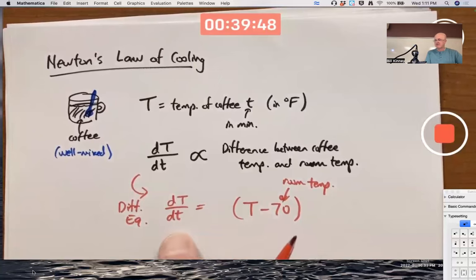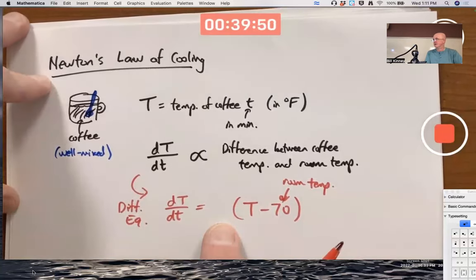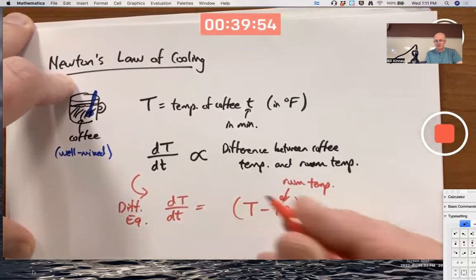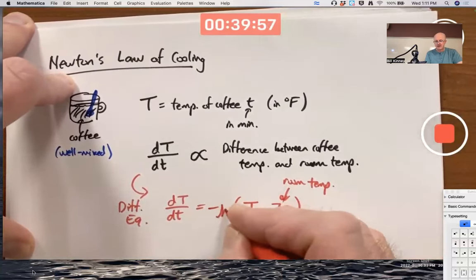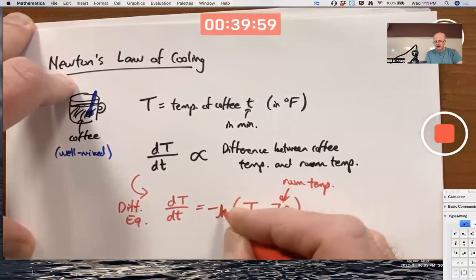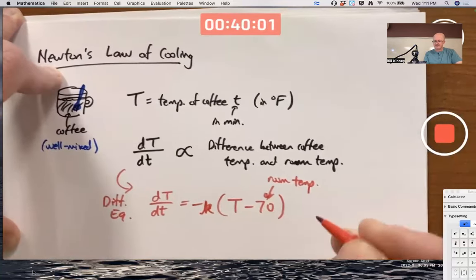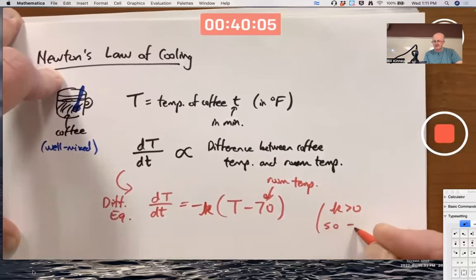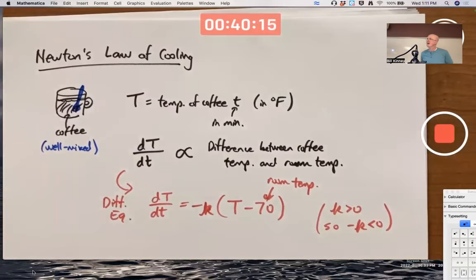If I'm going to get the derivative to be negative, I need a negative constant of proportionality. Now, I could just call it K and say K is negative, but it's a bit more traditional to call it negative K, where K itself is positive. K positive, so negative K is negative. Actually, this model would work when the coffee is warming up as well.